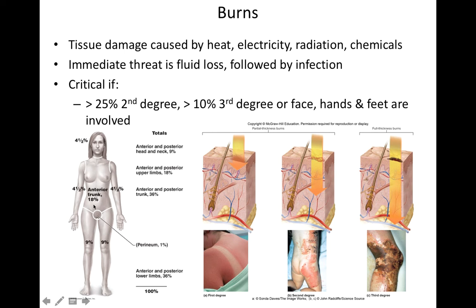The anterior trunk is 18%, posterior is 18%, so that gives you 36%. Each leg is 18%, so your lower limbs are 36, and then the perineum is your last 1%. So this allows you to very quickly look at somebody and determine the level of involvement when it comes to critical burns.